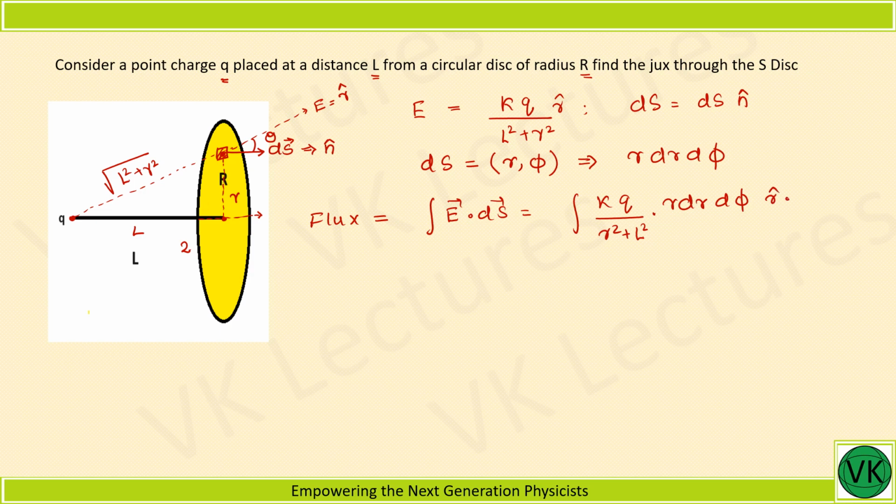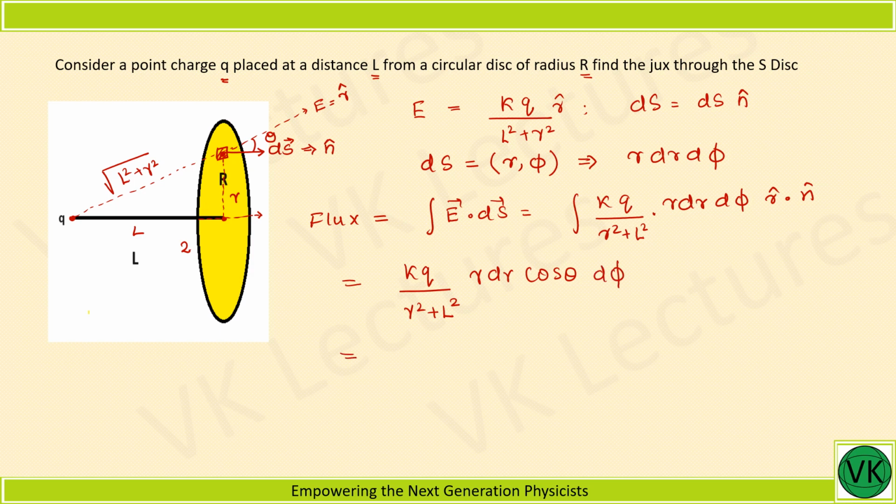So r cap dot n cap is nothing but cos of the angle between r and n. So that's equal to kq divided by r square plus L square, r dr, into cos theta into d phi.